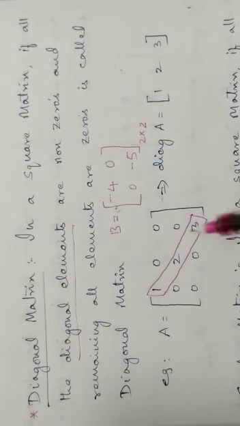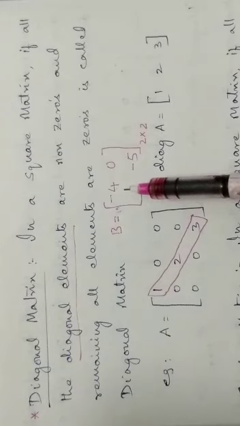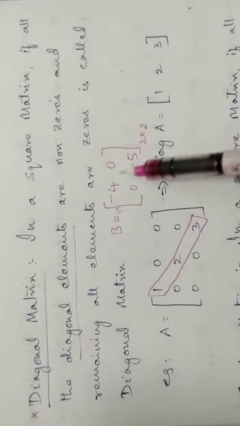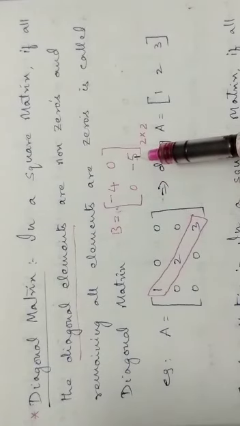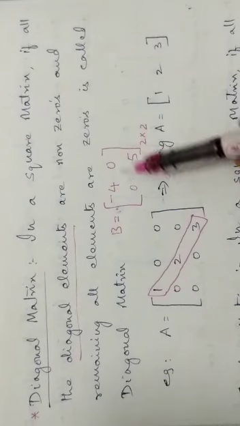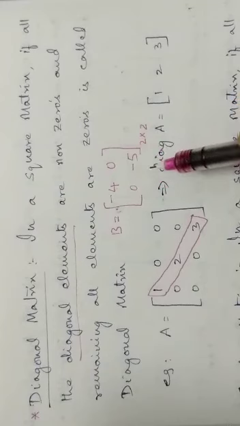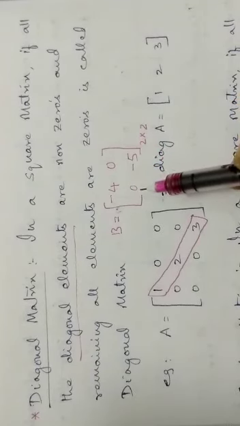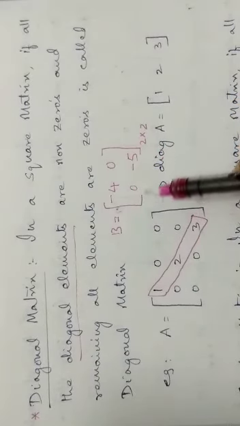This is a diagonal matrix because diagonal elements are non-zeros, remaining elements are zeros. So this is a diagonal matrix.